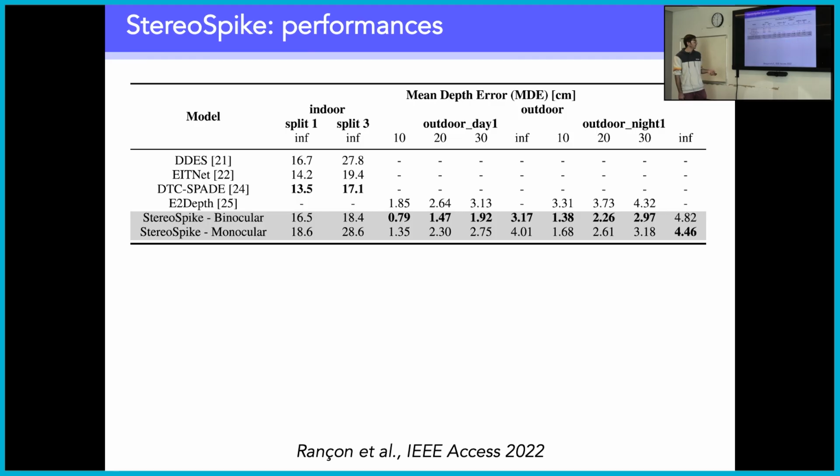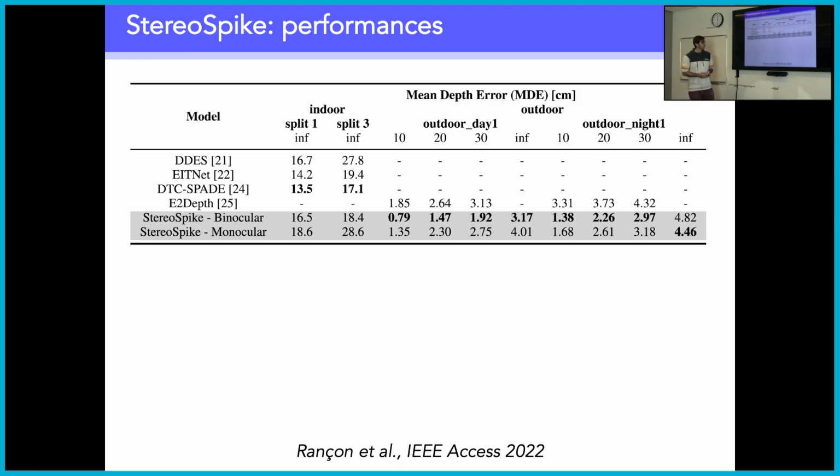And so for numbers, here what I show you is the mean depth error in centimeters. This is the average error of the estimation across all the pixels of the image. And you can see that with StereoSpike, it goes down to, let's say, 17 centimeters, which is not that bad, given that the maximum depth in the room was, I think, 6 or 7 meters in this case.